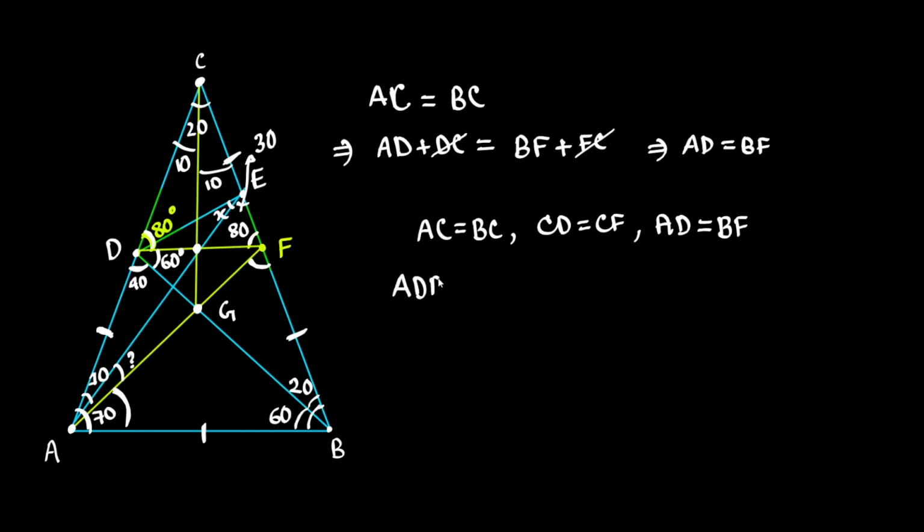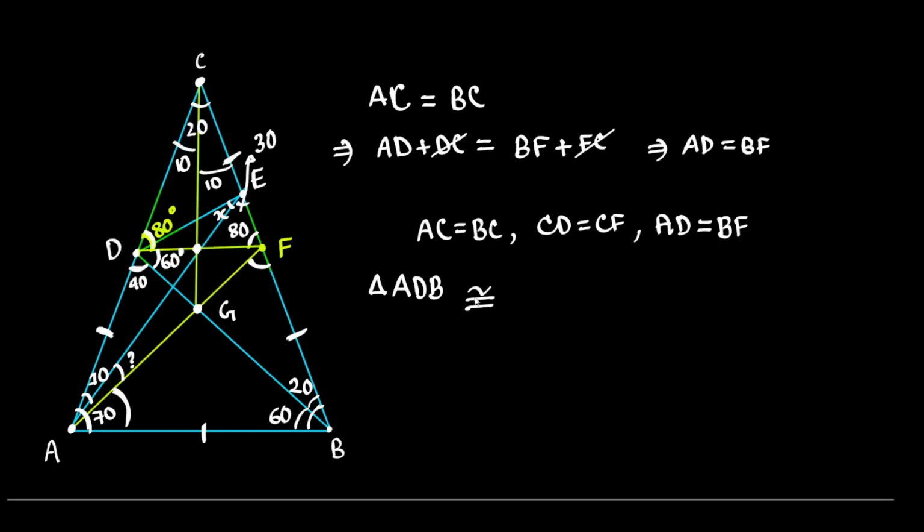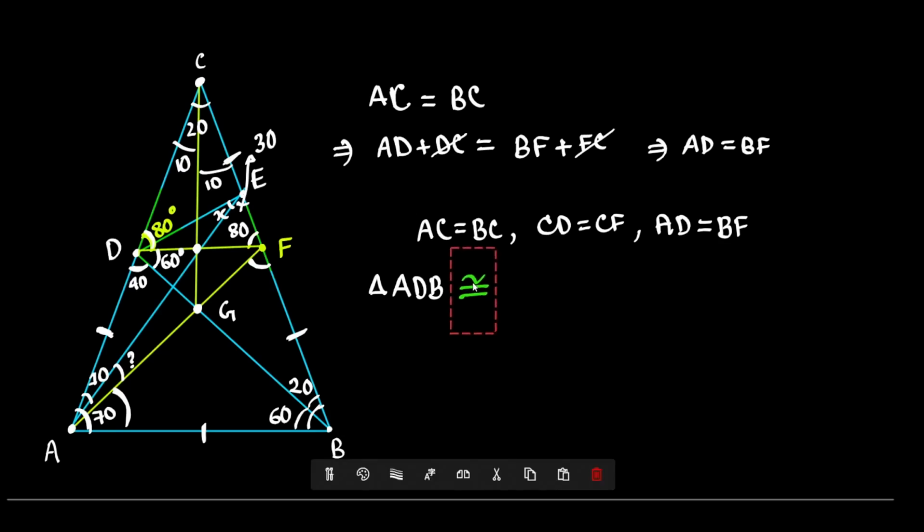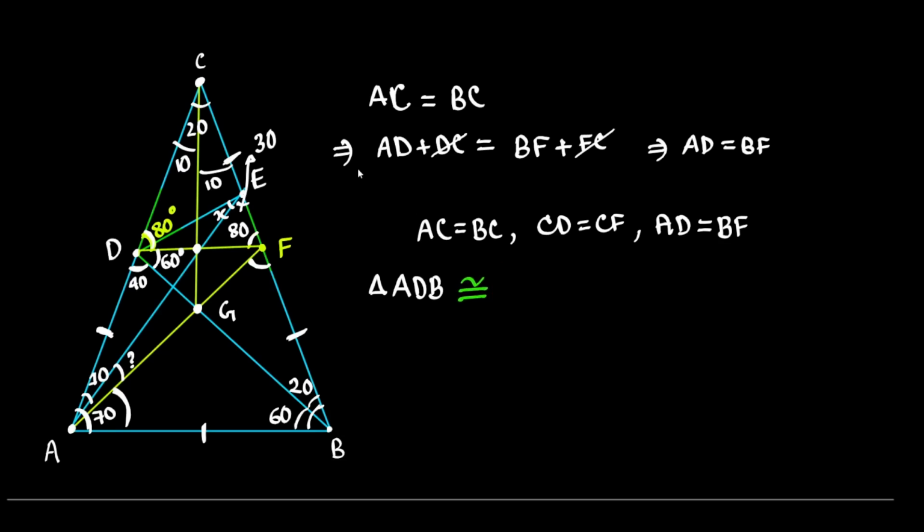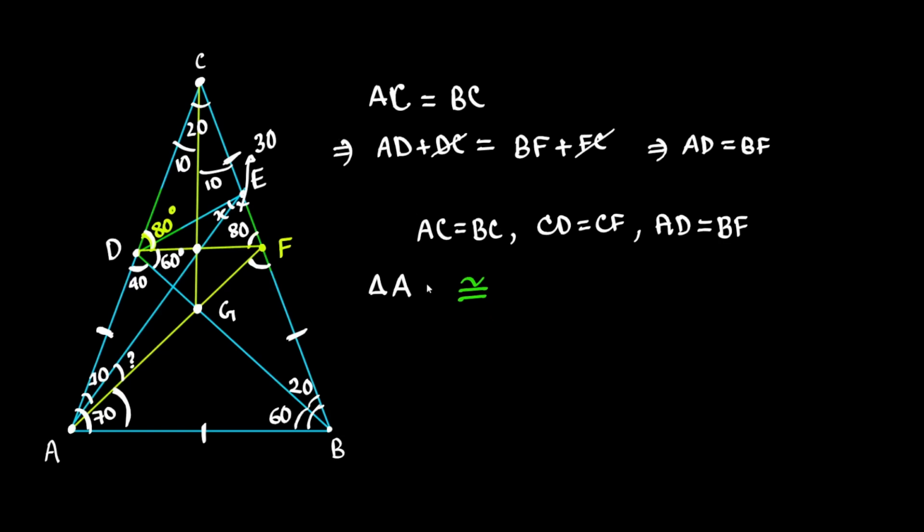For triangle ADB is congruent. This is the sign of congruence, equal and then a wave above that. So triangle ADB is similar to triangle AFB. Sorry, is congruent to, not similar to.